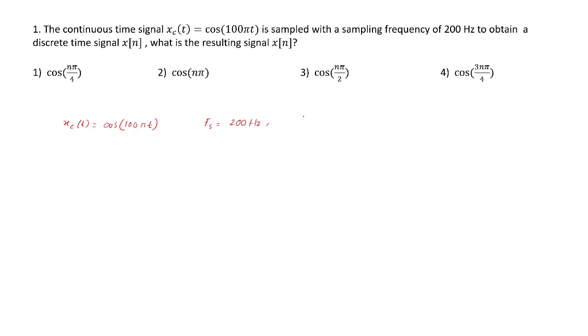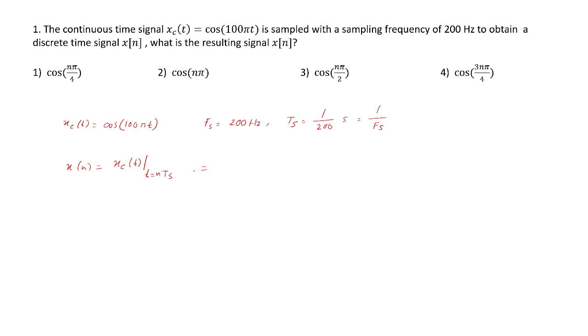That means your sampling time Ts is 1 over 200 second, because the formula is 1 over Fs. The procedure to obtain xn is to take this continuous time signal and sample it at instants t equal to nTs.